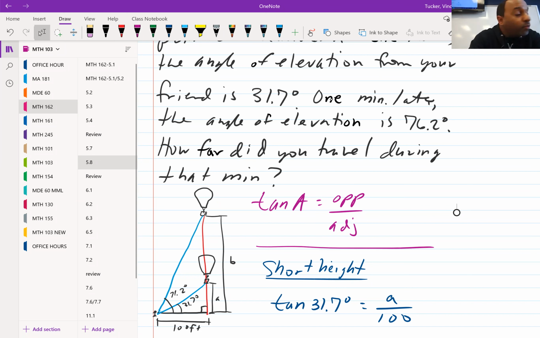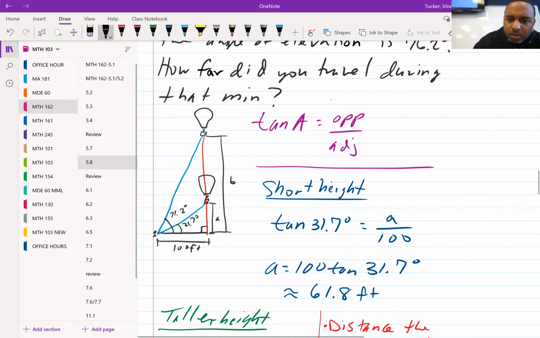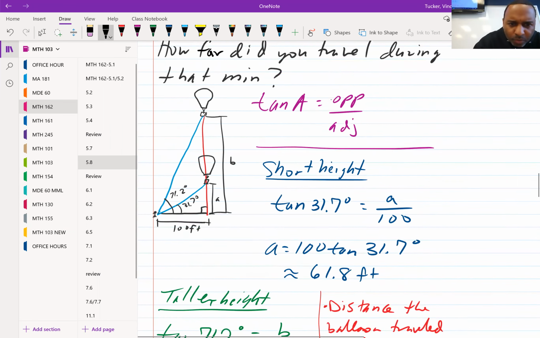We have two triangles created, one for the short height of elevation, then one for a minute later, which is up a little higher. That should be 76, 71.2.